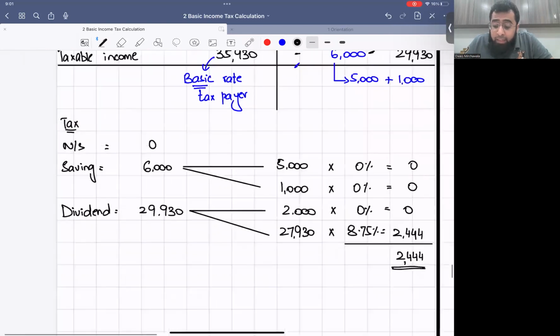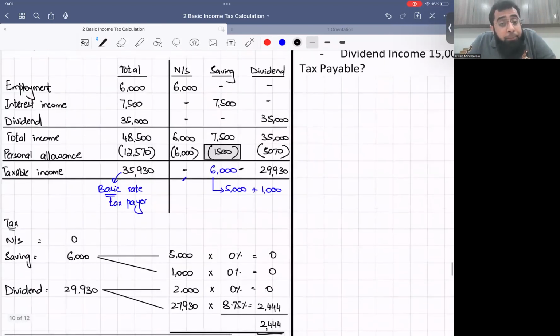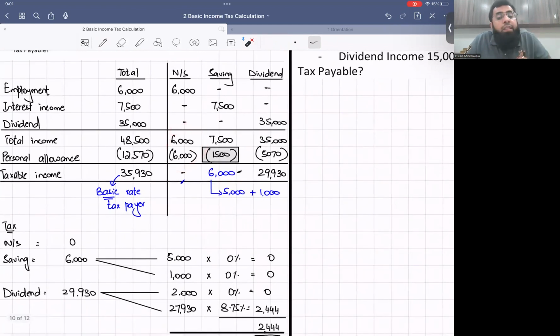I'll repeat it again. Listen to me carefully. We first adjust our allowance against non-saving because non-saving income is the highest tax base. First hit the non-saving. Then we go for saving income.